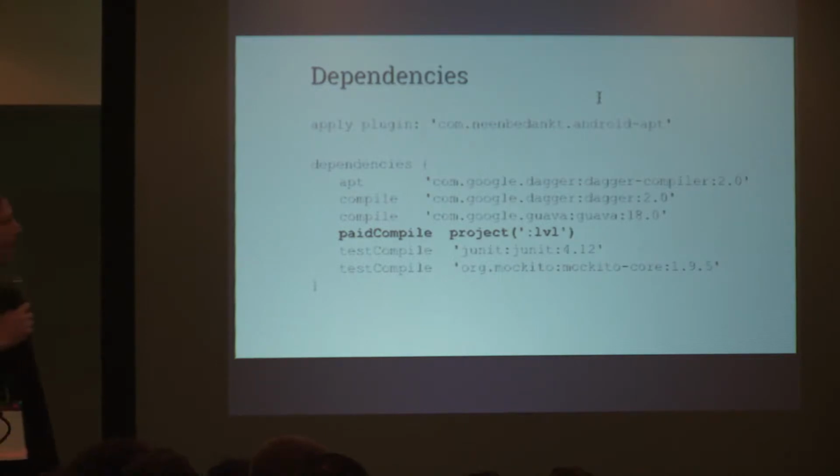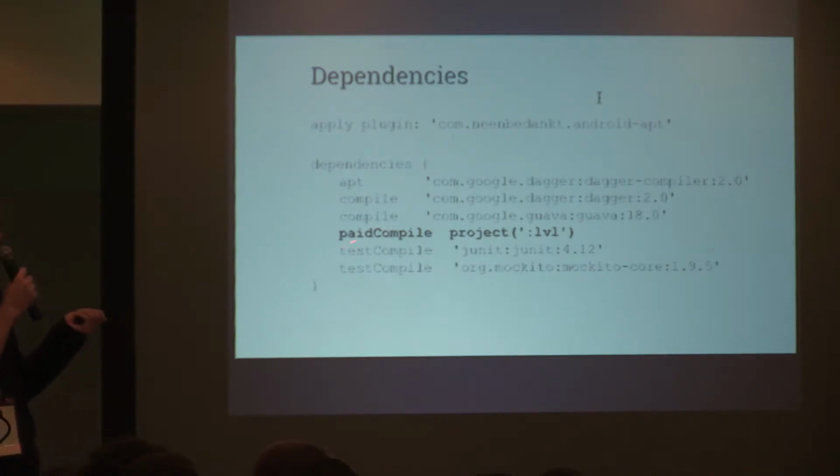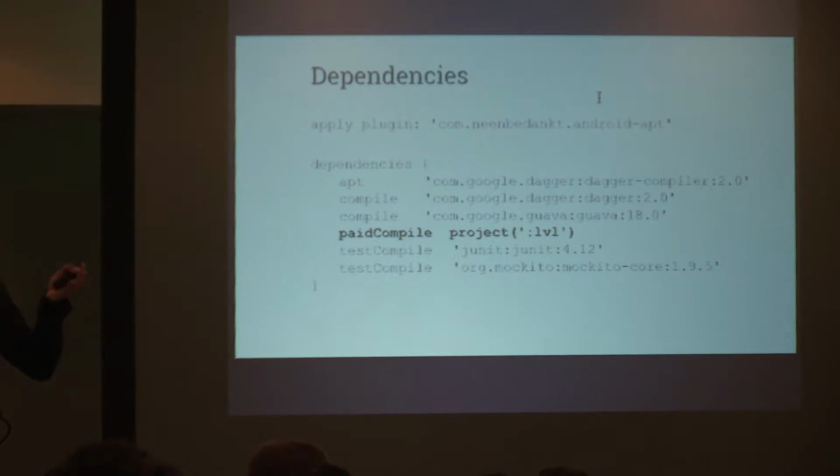So Gradle also comes with a thing so you can have dependency scopes that are dependent on your version. Exactly, it's called flavor dependent, right? So we could define a paid flavor in this case, and then let the paid flavor depend on some project we might define, right? And here you also see that we have a dependency now on another project. So here we say, okay, we have a project that deals with the license validation.